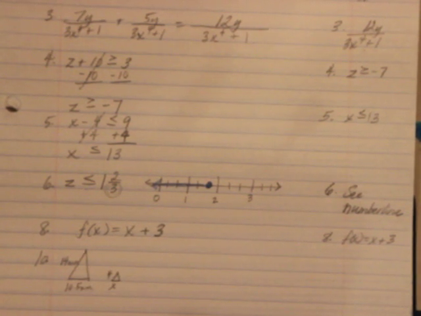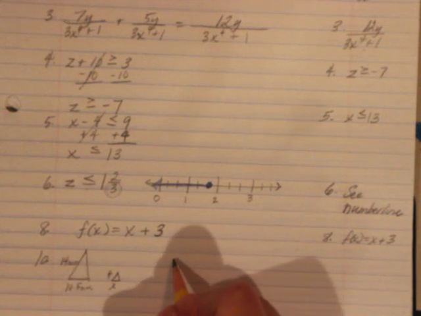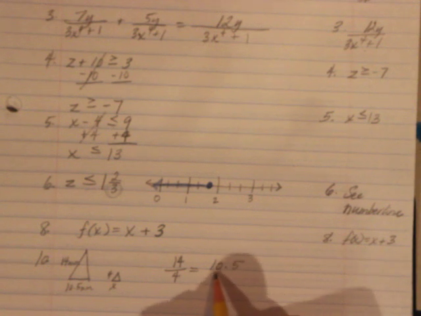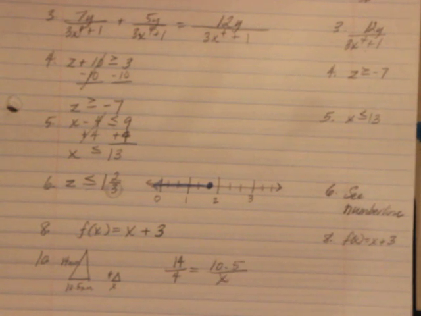I'm going to set my proportion up, and as long as I keep my proportion consistent, this should be fairly straightforward. So this side length, 14, is proportional to this side length, 4. And I can set that equal to 10.5 over x.